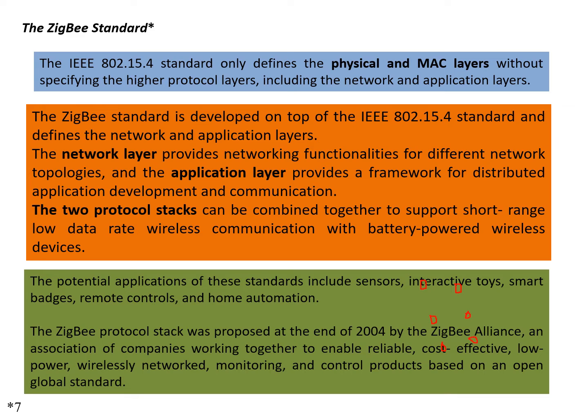Okay, so ZigBee is a short-range wireless transmission standard, and the range of ZigBee is from 10 meters to 100 meters. So one ZigBee module can send data 10 meters to 100 meters. So why is there not a fixed limit?